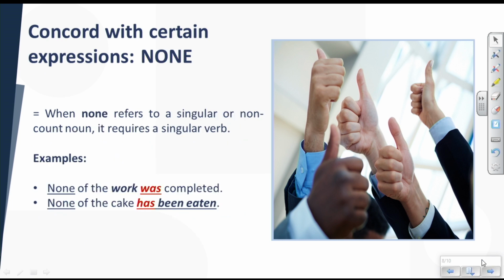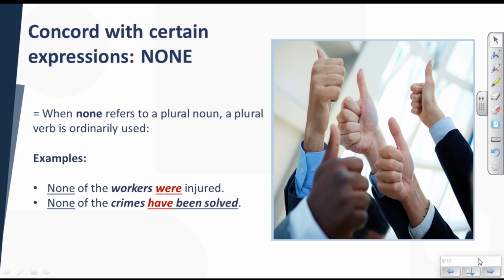And finally, when I use the expression none, when none refers to a singular or a non-count noun, it requires a singular verb. So similar to the previous example: none of the work was completed, or none of the cake has been eaten. If it is used in a plural structure containing a plural noun, for example, none of the workers were injured or none of the crimes have been solved.